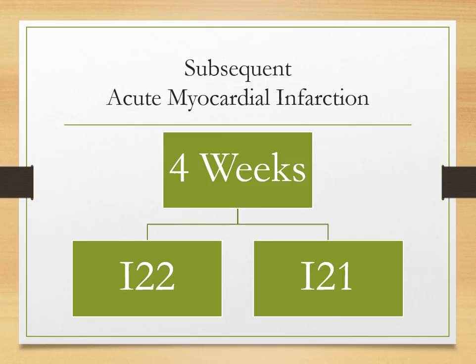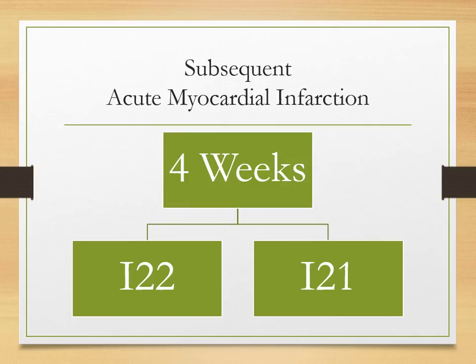Subsequent acute myocardial infarction. So when we have a subsequent ST elevation and a non-ST MI, this is to be used when the patient has suffered the type 1 or unspecified AMI and they have a new AMI in that 4-week time period.